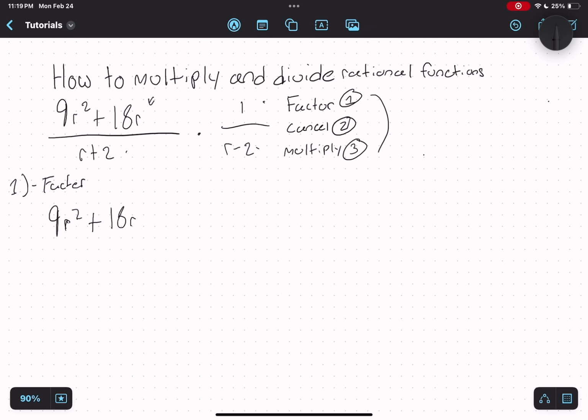And so that's going to leave us with 9r distributed into r plus 2. And you can fact check this by distributing it back into each other, and you'll get 9r squared plus 18r.